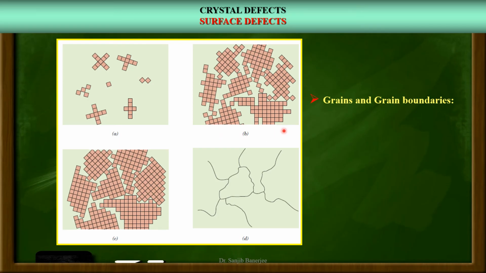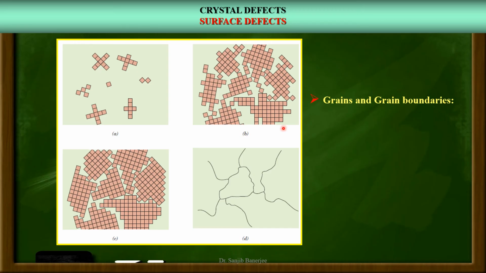The second figure shows the stage of grain growth, where the atoms have clustered together to form the different grains, and these grains are growing in size. Now, these different grains have the same crystal structure but have different crystal orientations.